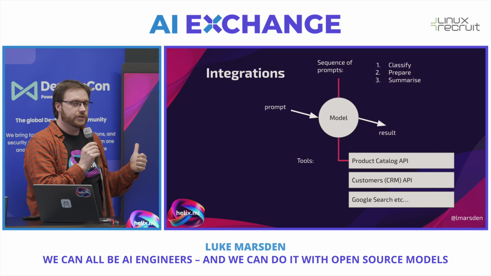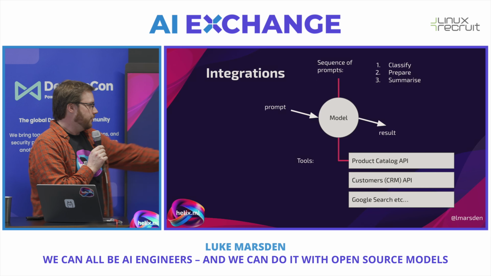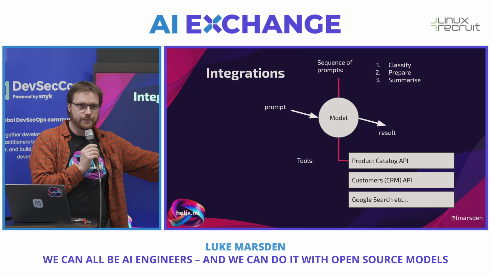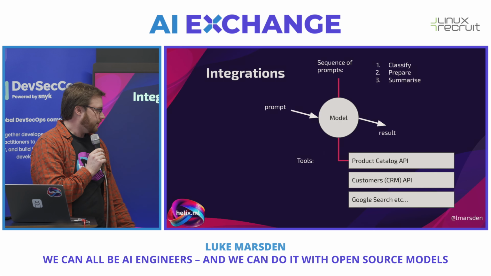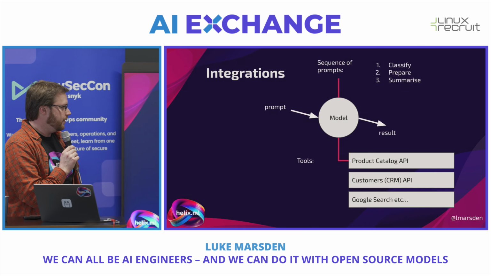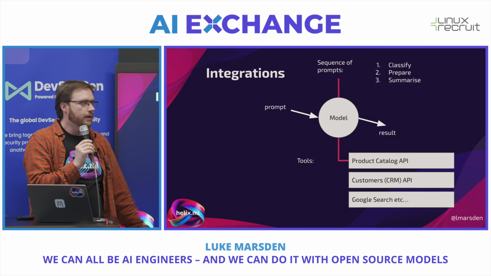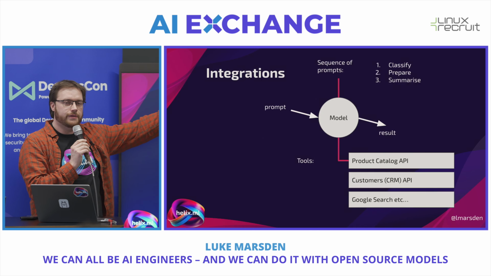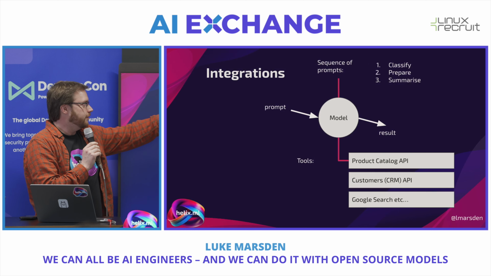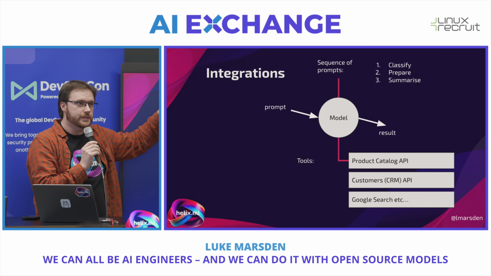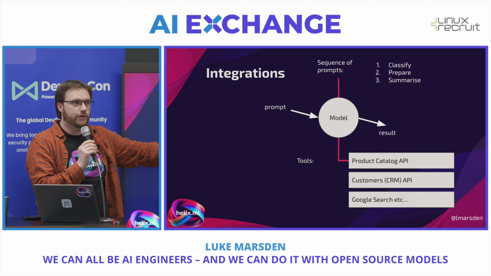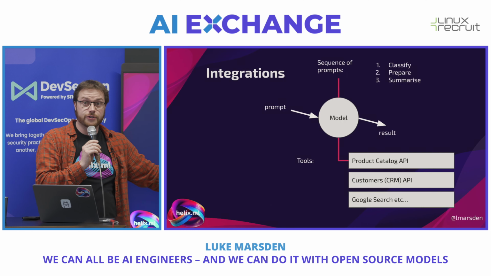The classification prompt gets told, you've got these 3 tools available to you. You can either query the product catalog API, you can query the customer API, or you can go and do a Google search. And then based on the user's query, the job of the first prompt is to decide which of those tools, if any, to use.